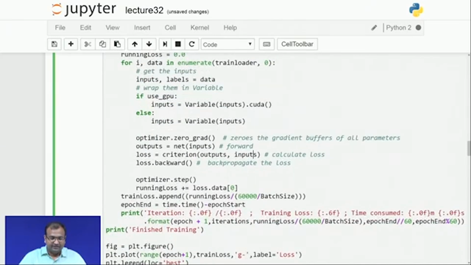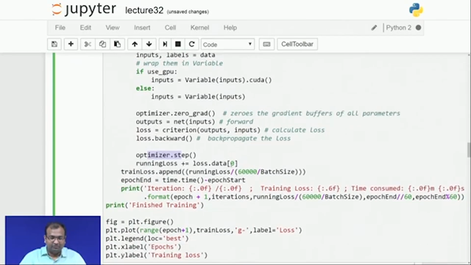Then once my loss is calculated, I need to find the gradient of the loss. Once that is done, I do my optimizer dot step, to backpropagate the whole gradient through the network, and then I accumulate the loss as it keeps going over the number of batches.